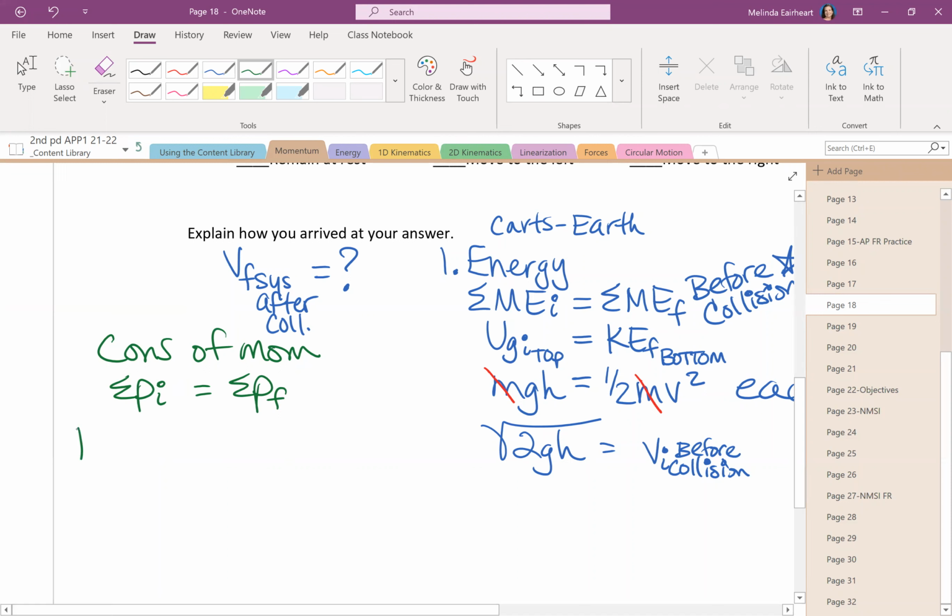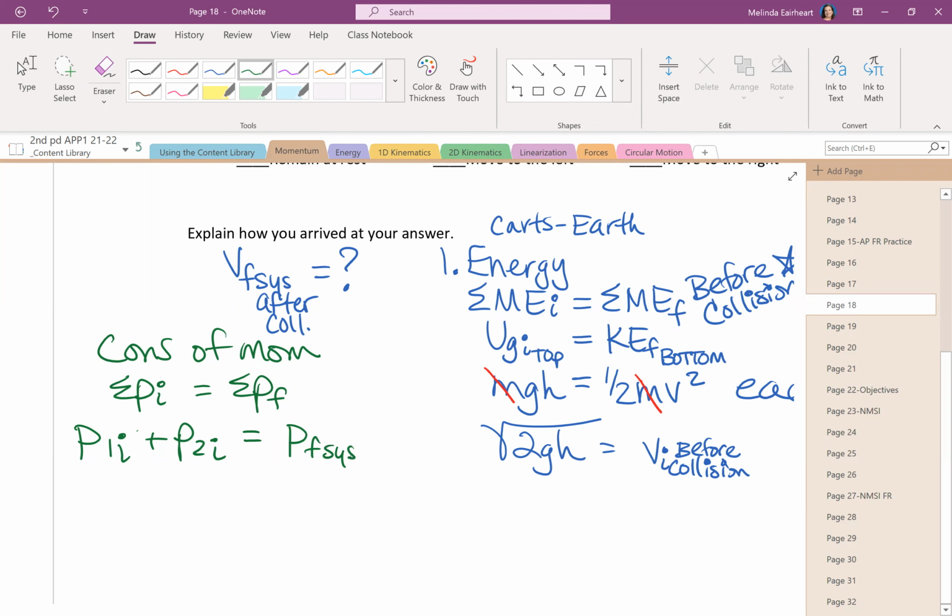Both. So P1 initial plus P2 initial. After the collision, who has momentum? Both, as a system, because they stick together. So I can say final of my system, and that's just a note to self that they're going to have a shared velocity, right?